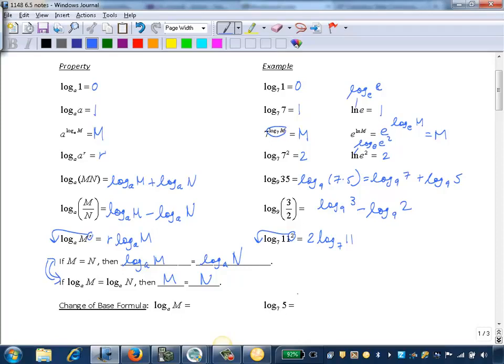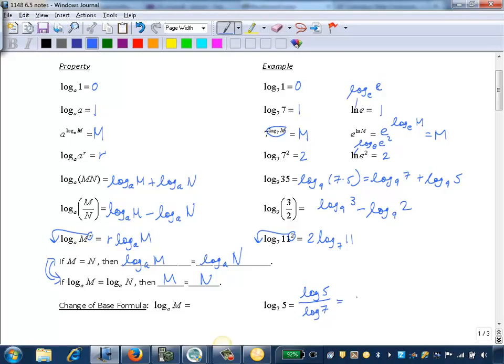So the change of base formula, I'll just show you the example first. If we have log base 7 of 5, this is equivalent to changing it to whatever base we want. So we'll use base 10, common log. Remember when we don't put the base on there, we assume it's base 10, common logarithm. So we can convert this into the quotient of log 5 and log 7. Again, we can pick any base.